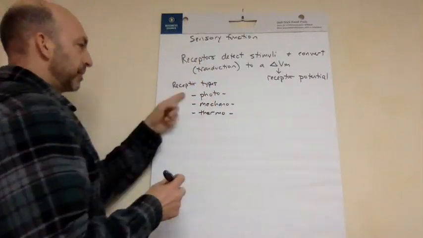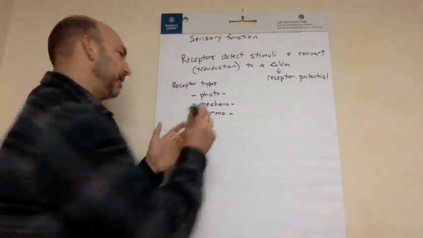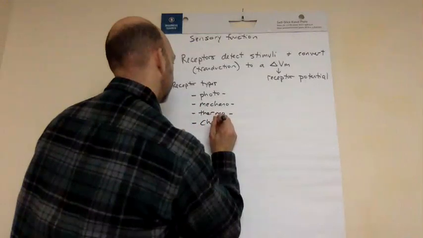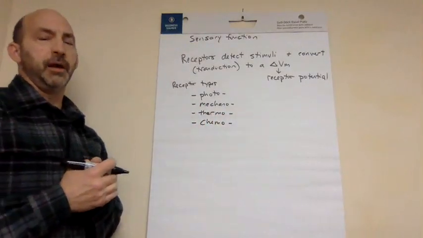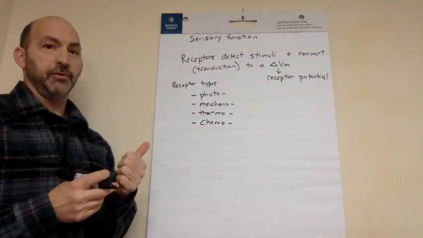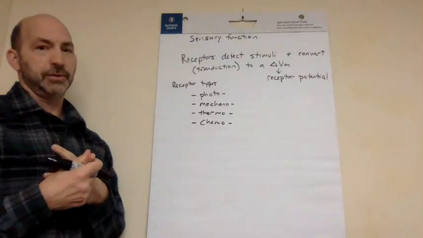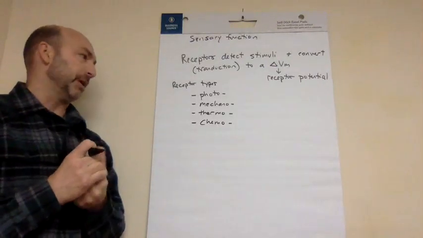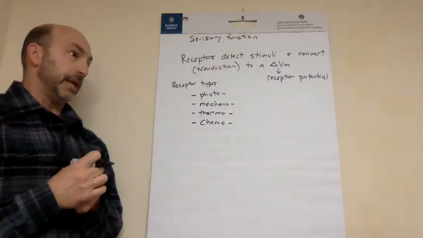All right, so we got photoreceptors, mechanoreceptors, thermoreceptors. What else do we have? Chemoreceptors sense the chemical environment. The easy examples are blood oxygen levels or blood carbon dioxide levels or blood pH levels. Those are all chemoreceptive sensors.